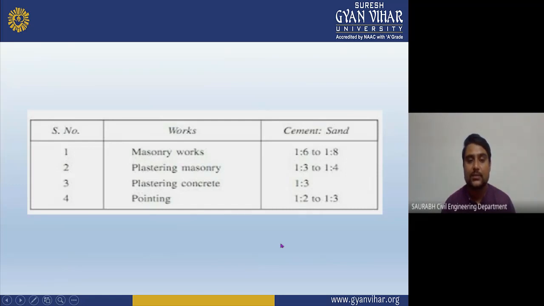And next one is plastering masonry, which is used for plastering of interior or outer walls. So here we have to take 1 part of cement and 3 parts of sand to 1 part of cement to 4 parts of sand.